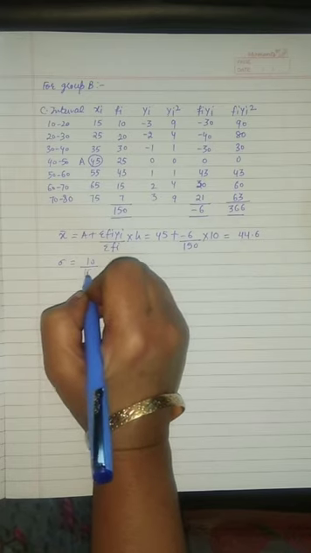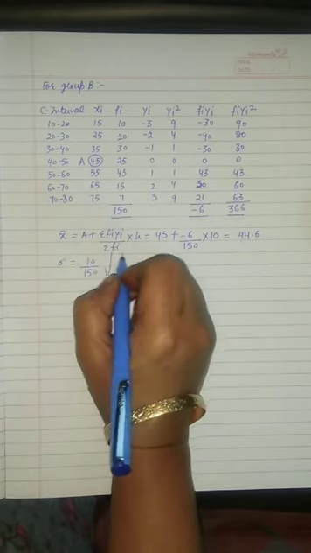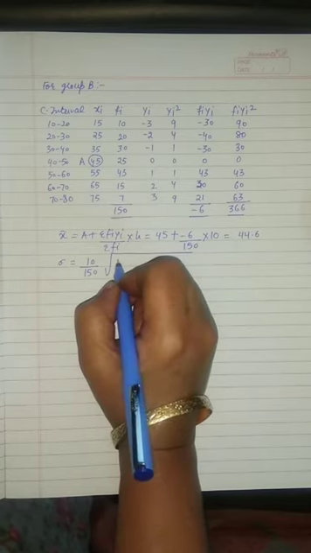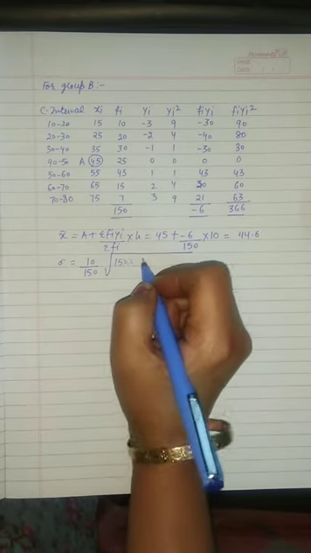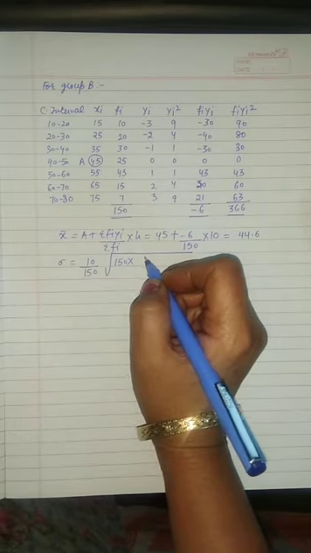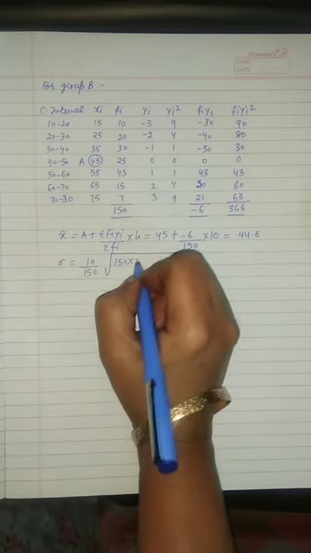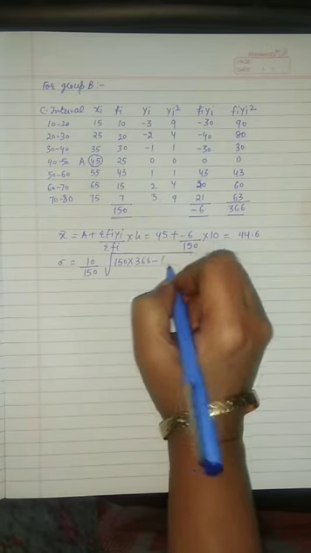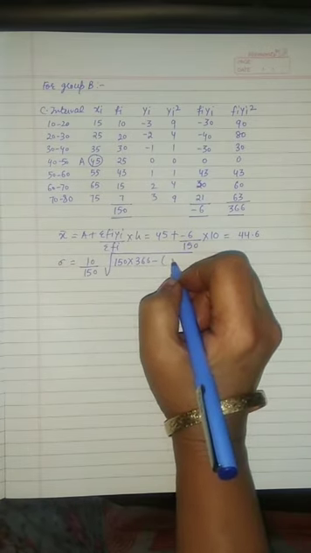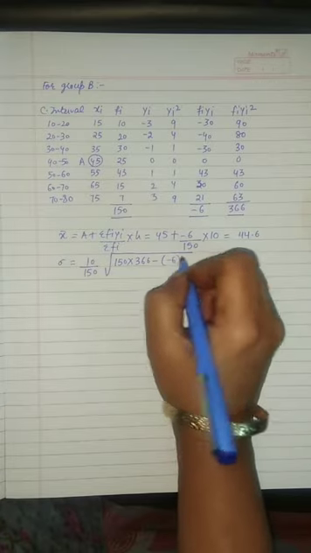Now we will find the standard deviation for this group, that is 10 upon 150, meaning h upon n, under root of n into the sigma fi yi square column, that is 366, minus (sigma fi yi) square, that is minus 6 square.